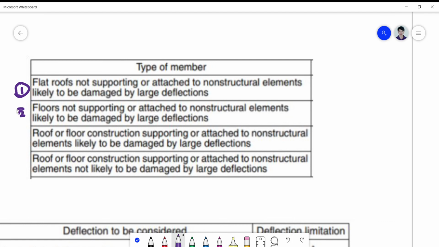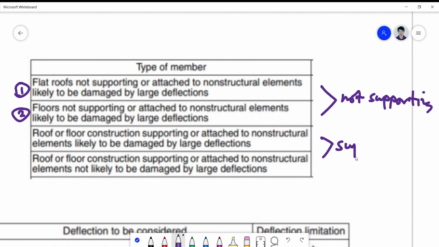Okay, so these first two here are actually not supporting, so they are not attached, while these two here are actually supporting or attached.